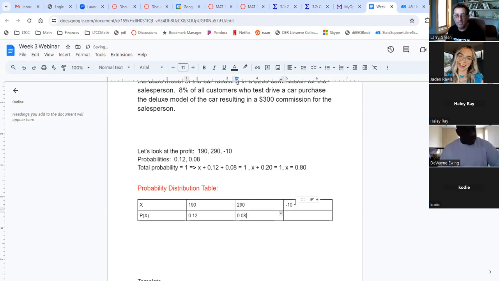And finally, the probability of X being -10, we calculated as 0.8. Are there any questions at all on finding this probability distribution table? Any questions?